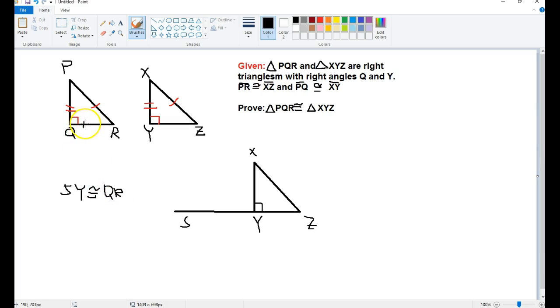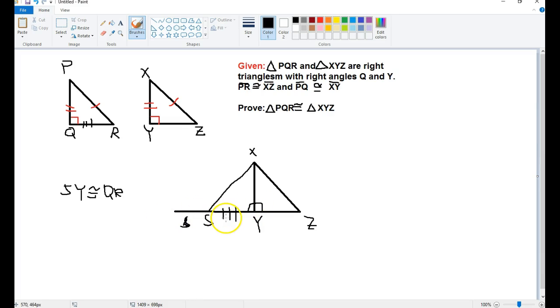So I'm going to mark 3 right here, and then I'll mark 3 right here. So my S should be over here now.